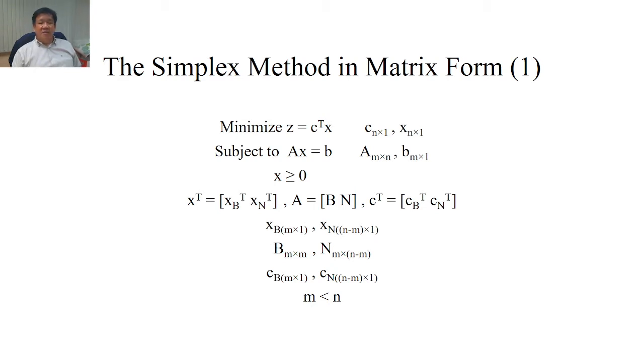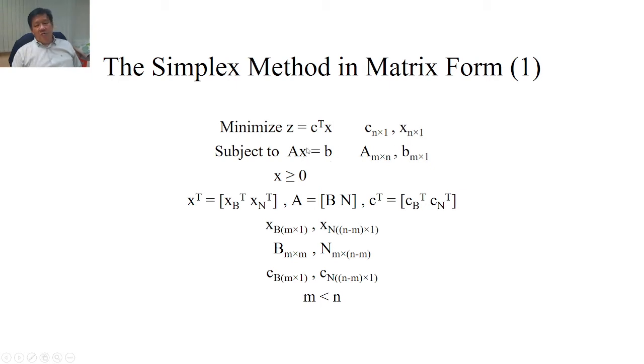So first of all, let's look at linear programming in matrix form first. We either want to minimize or maximize a linear function c transpose x, where c is a column vector of size n by 1 and x is a column vector of n by 1.